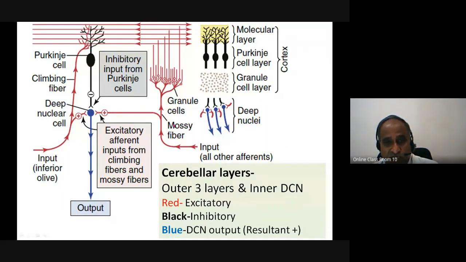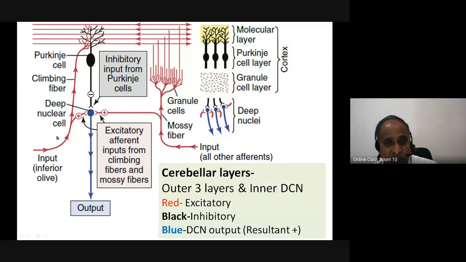These inputs are known as mossy fibers. These are all generalized. They are excitatory, and these mossy fiber inputs will make a synaptic contact with the granular cells. At the same time, it would give collaterals to the deep cerebellar nucleus. That's excitatory input coming here.